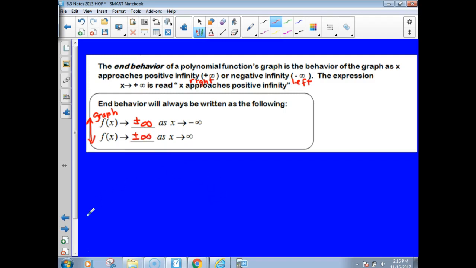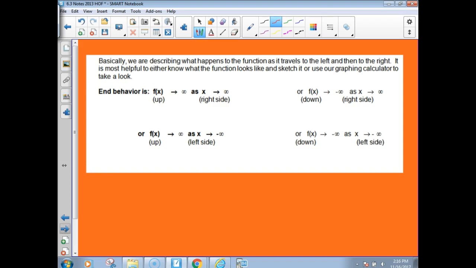This depends. So we're going to look at some graphs here, and we're going to discuss in general what's going to happen. Basically, we're describing what happens to the function as it travels to the left and then to the right. It is most helpful to either know what the function looks like and sketch it, or use a graphing calculator to take a look. This is just describing how to read these.